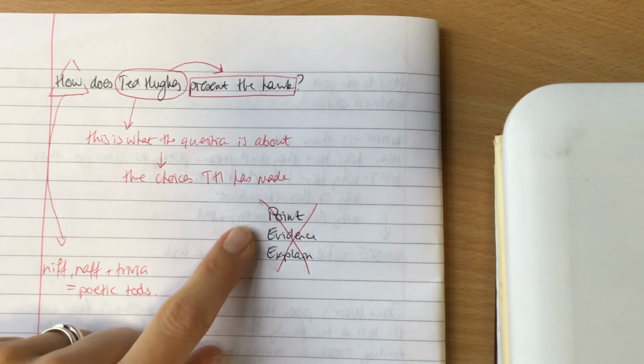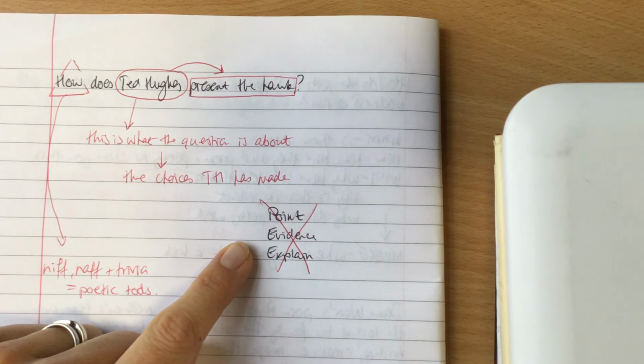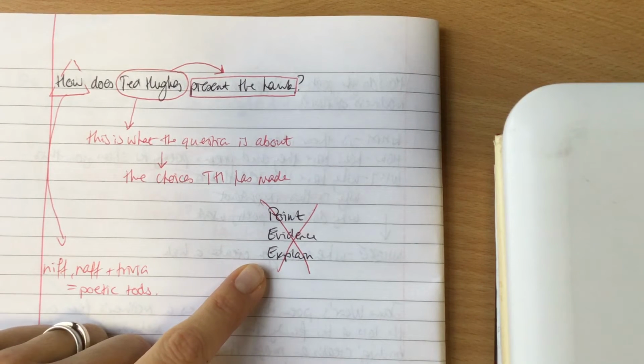Frequently what I have, if you make a point, you then provide me the evidence, you use stupid things like, in the quote it says this. No, we don't do things like that. And then you explain the quote to me. And what happens is that you don't analyse it, you just repeat it or translate it. Again, no, complete and utter waste of your time.